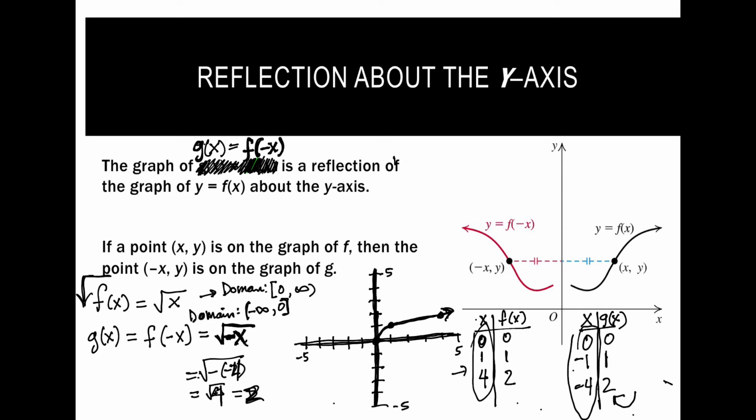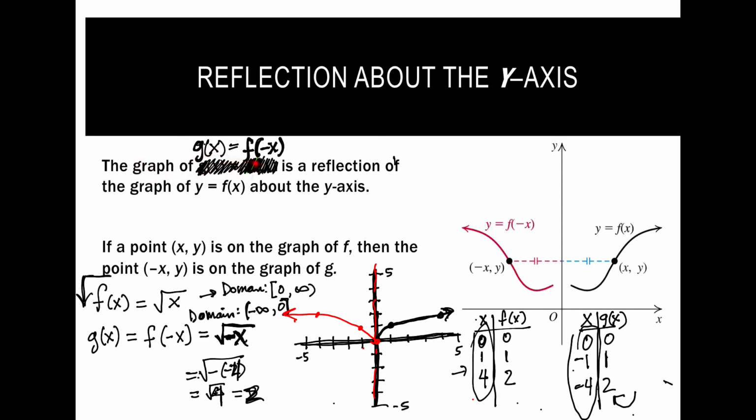But that gives us this. So we end up with 0, 0, -1, 1, and then -4, 2. And you can see the graph that we got here is reflected across the y-axis rather than the x-axis in that case. So now let's go up to the theoretical of what we just did.